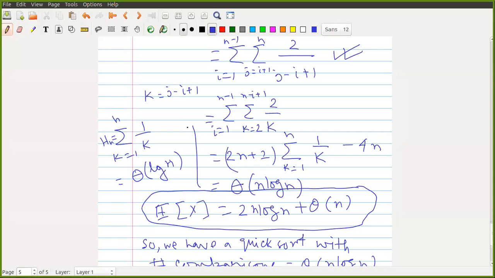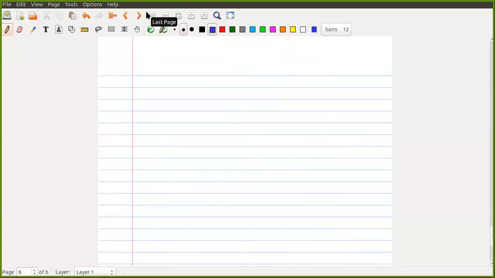So quicksort, bubble sort, insertion sort, all these sorts are comparison based sorting, right? And we already know that the lower bound of comparison based sorting is order n log n.